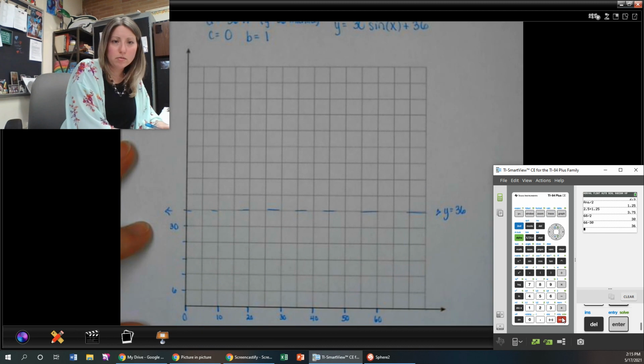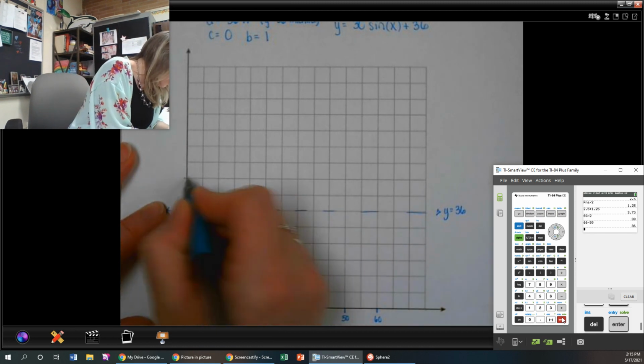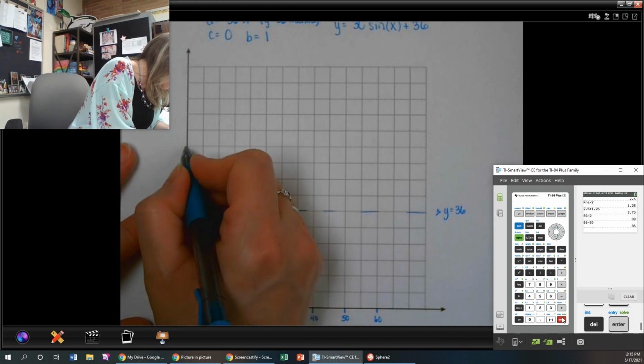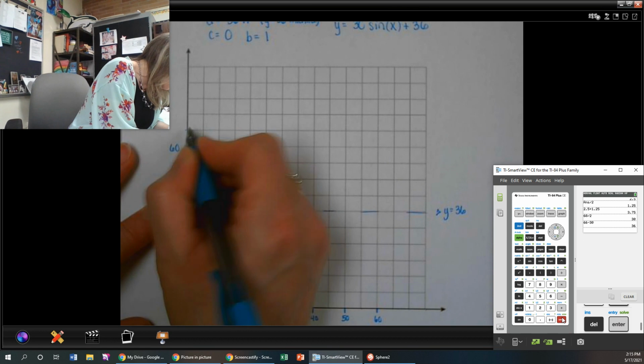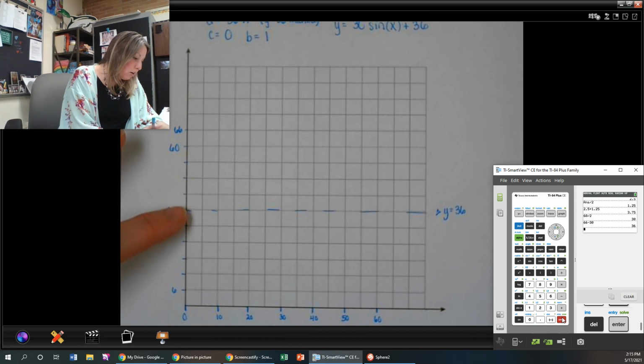There's my mid. Okay, and then we've got 42, 48, and then plus 6 more is 54, and then up to 60, and 66 is the max. So we've got plenty of room to get all those on there, right? So our max and our min.